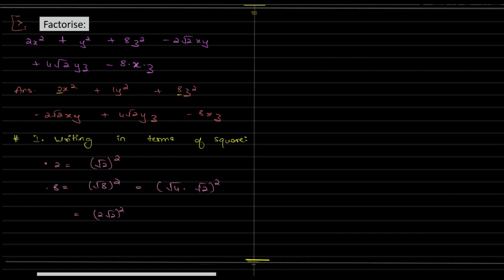And now you can rewrite the question as (√2x)² + y² + (2√2z)². Okay, and then copy the rest of the question so that we can take a breather.